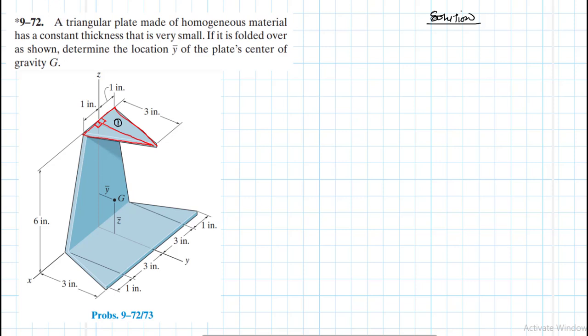Then the other parts that we are going to consider will be these two right angled triangles on the sides. We'll give them the same part number. We've been told the thickness for this particular material is going to be neglected.